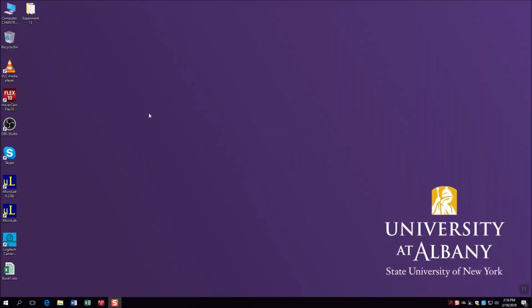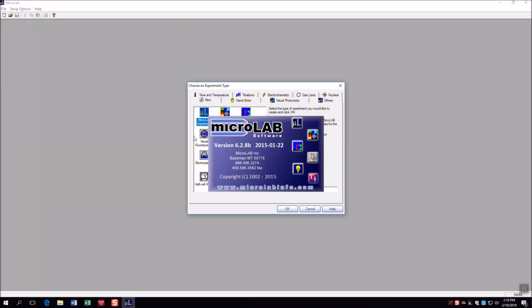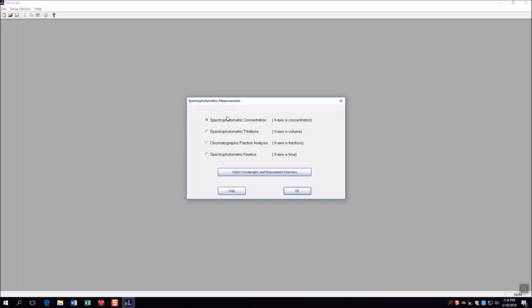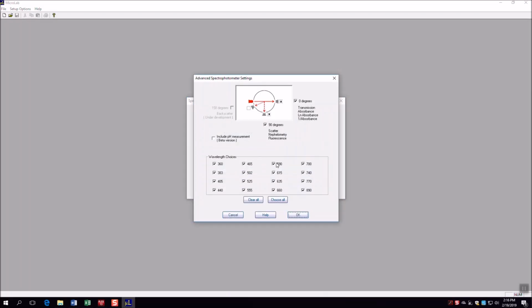Once our microlab software has opened, we're going to go through a series of steps that may be familiar to you. The first thing we need to do is select spectrophotometer, and you can either double click it or click OK. And then we need to force the microlab to do what we call the long blank, if you'll remember from the past. To do that, we need to click on the Select Wavelengths button, then Clear All, and choose whatever wavelength seems good to you.